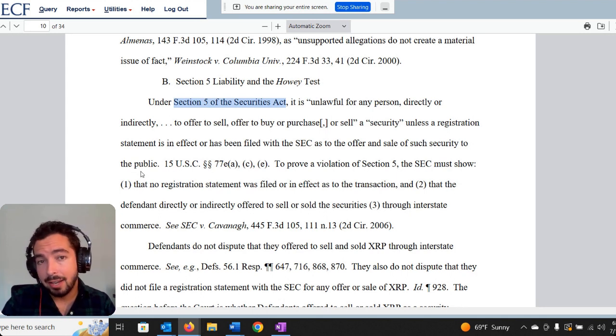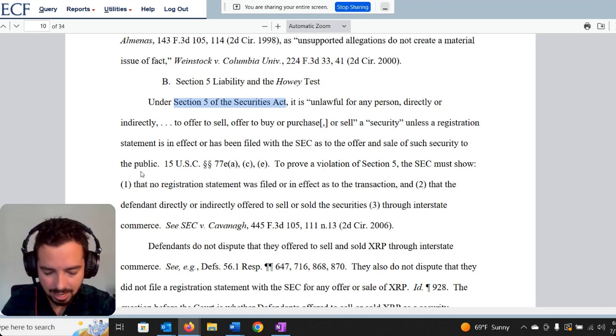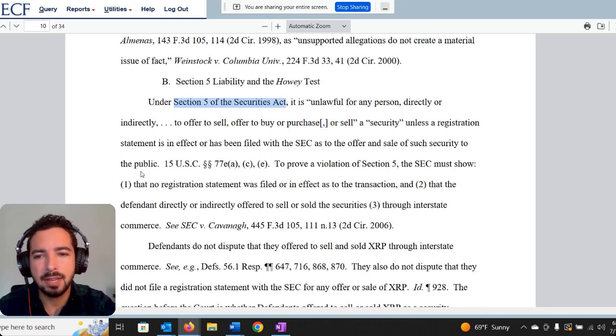You can't actually buy it, and you can't sell it. So basically the security has to stay where it is unless you file a registration statement with the SEC. And a registration statement is just letting the SEC know that it's there and providing some information to the public about this thing called a security so that people can know whether or not it's a good idea to buy or sell it.